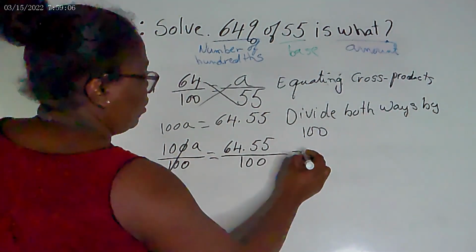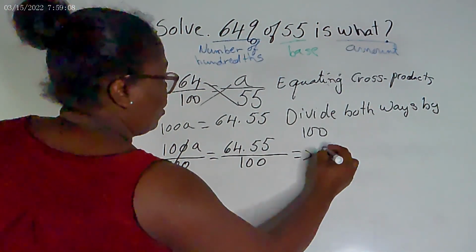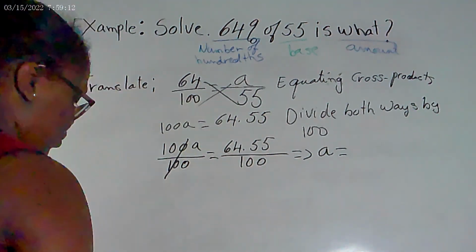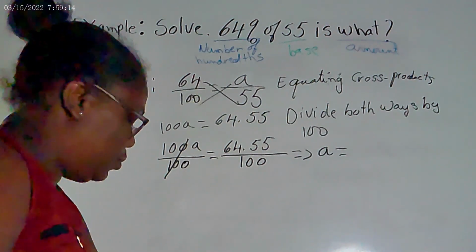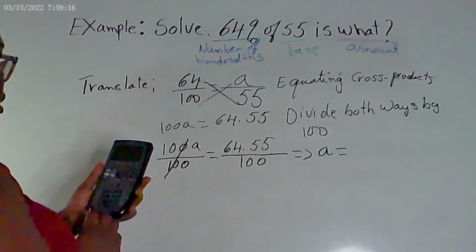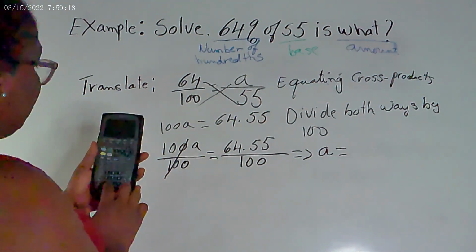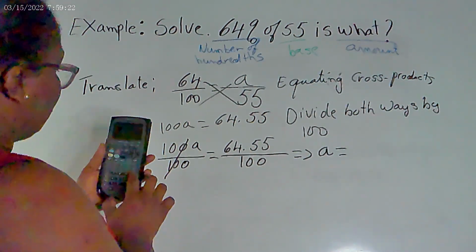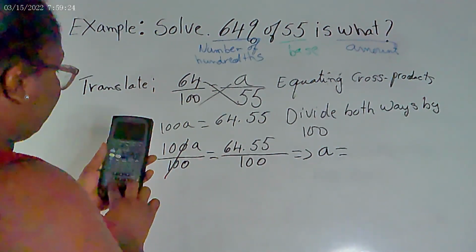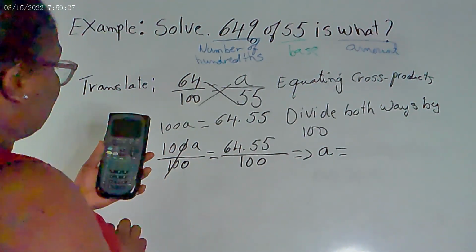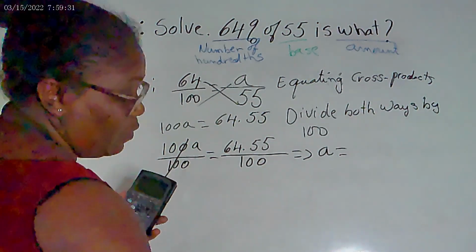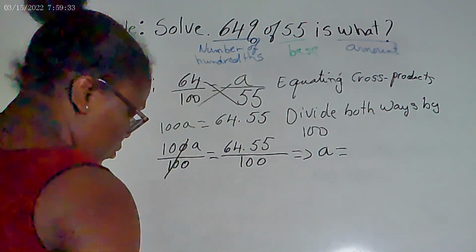This one gives you a equal. So let's do this in the calculator. 64 times 55 over 100 is equal to 35.2.